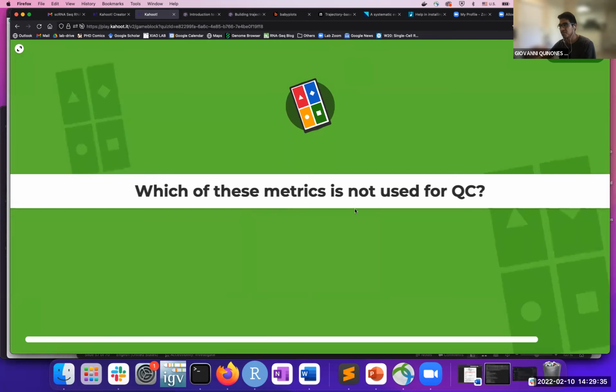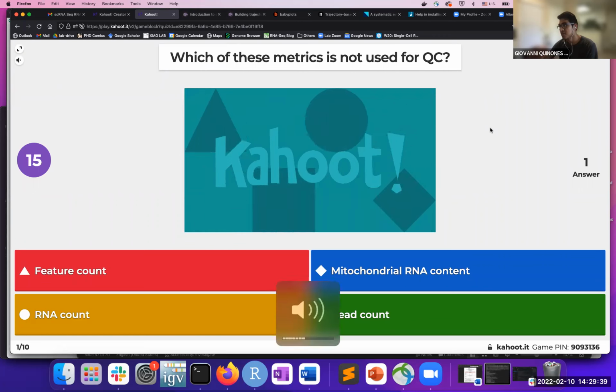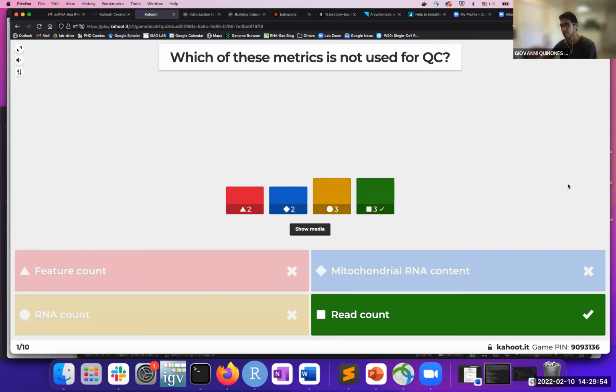Which of these metrics is not used for quality control? Here we have almost everybody. Oh, it actually wasn't so clear this time. Well, maybe the question was not super clear for everybody.